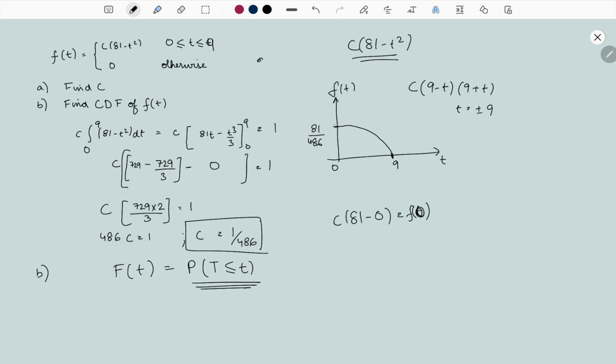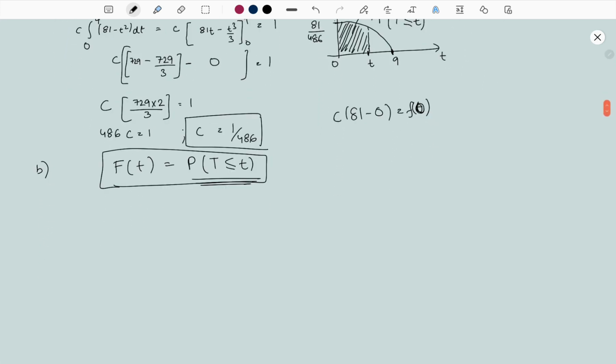Let us suppose there's a t here. So this means P of T less than or equal to t, this shaded area. I hope you understand. This whole area means P of T less than or equal to t.